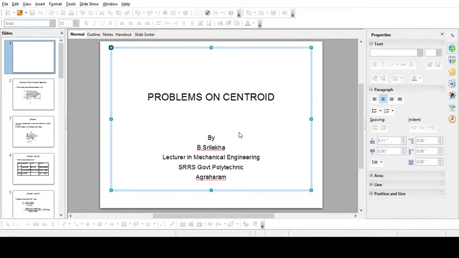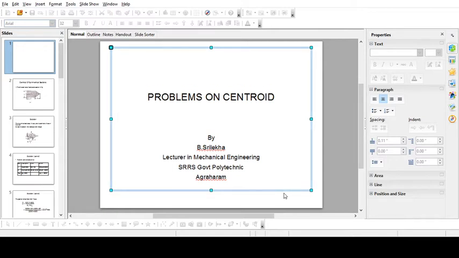And for a triangle, you know that it is B by 2 and 2h by 3, or h by 3 if it is from the base. So let us do this problem.